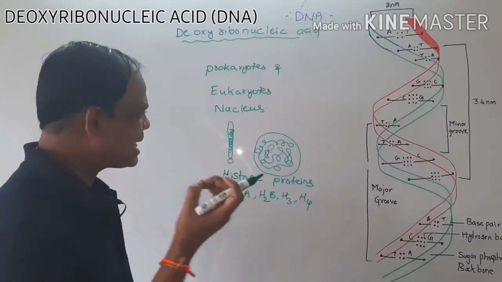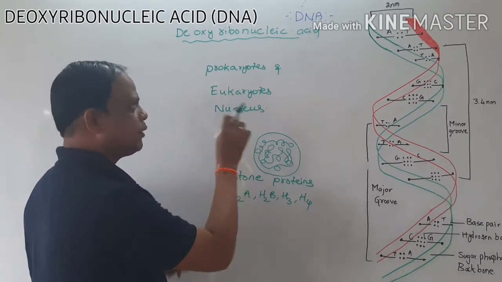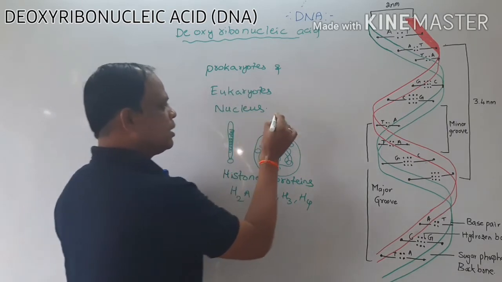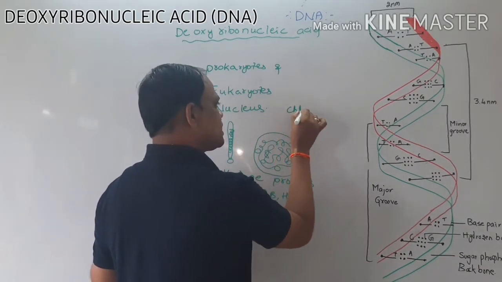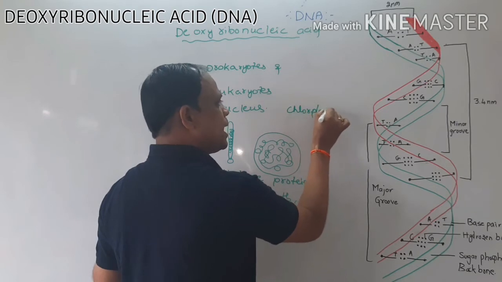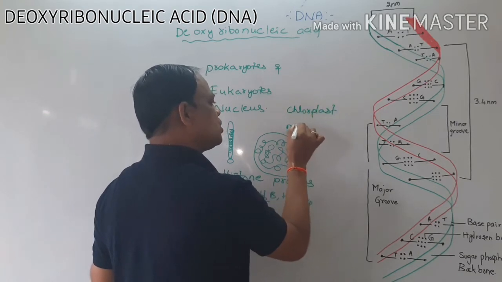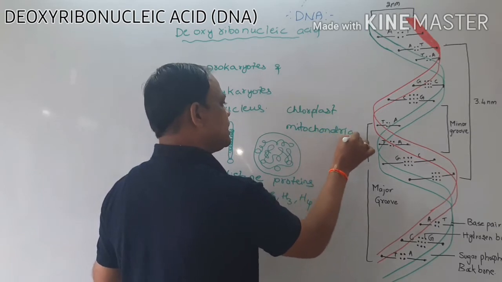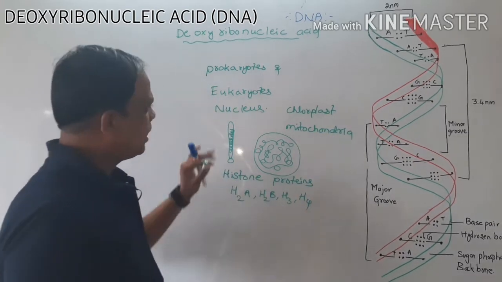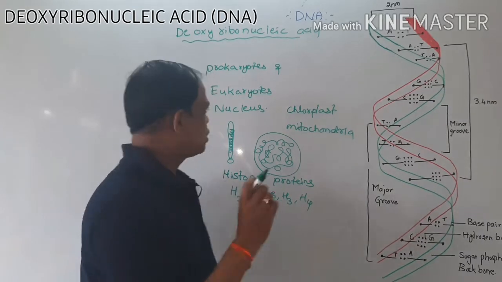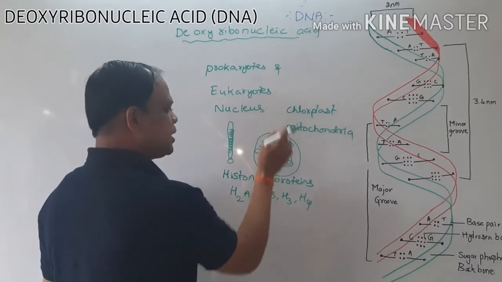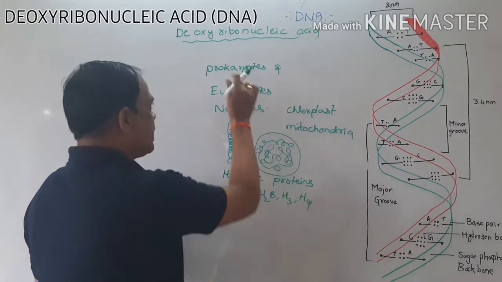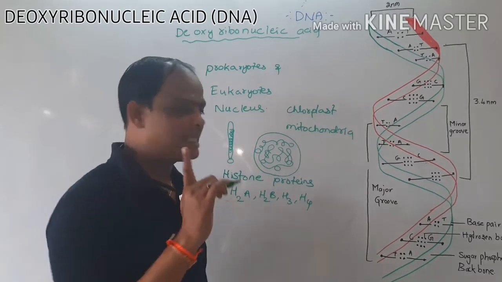A slight amount of DNA can also be found in chloroplasts and mitochondria. Eukaryotic cells can contain many nuclei, and prokaryotes contain only a single nucleus.